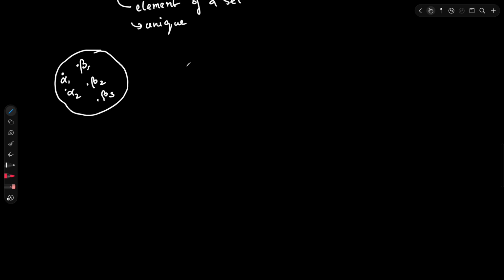The first property is, if alpha 1 and alpha 2 belong to a set, then alpha 1 plus alpha 2 equals alpha 2 plus alpha 1. This is called the commutative law.